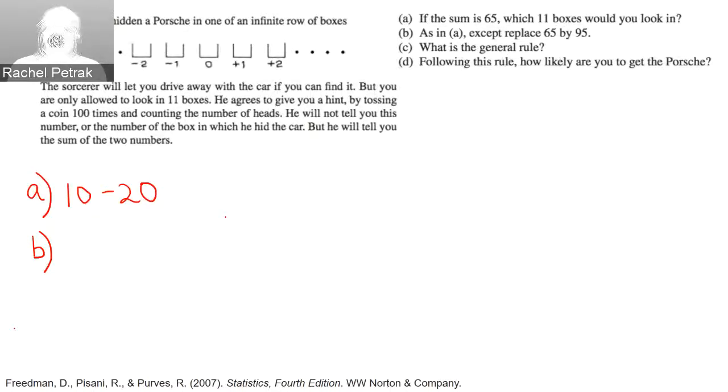I'll give you the answers here, but I don't think I'm going to give you a simpler example to walk you through thinking through how the probabilities change. So B, we're looking at a sum, if the sum is 95. And C, the general rule here is to get to the center of the range, you take 50 from the sum and then go 5 either way.